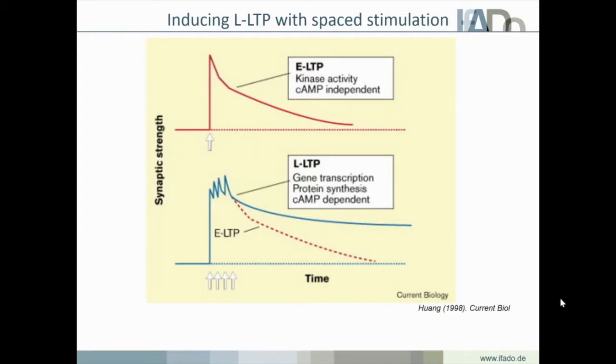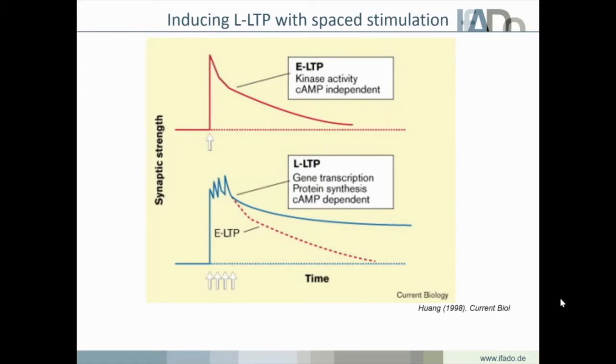So for us, optimizing tDCS is the ability to induce a longer lasting stable plasticity. So if we cannot induce late phase LTP-like plasticity with a single stimulation, we have to think about other ways of inducing it.